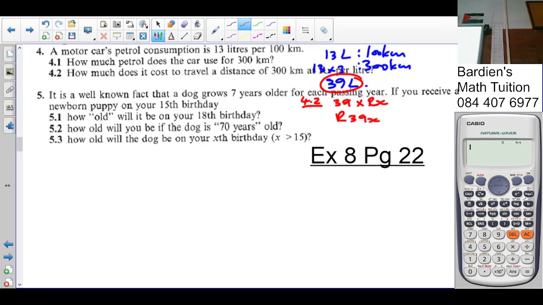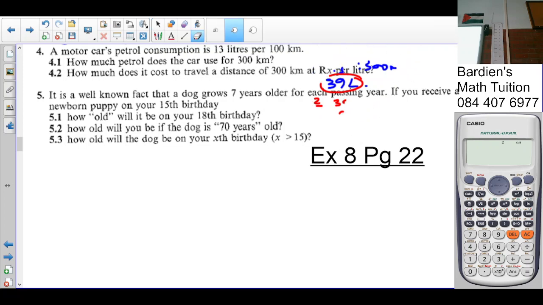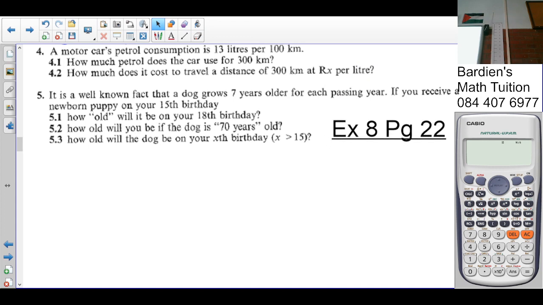Question 5. Was 5 confusing? No? Okay. Did you get question 5? You are told it is a well-known fact that a dog grows 7 years older for each passing year.